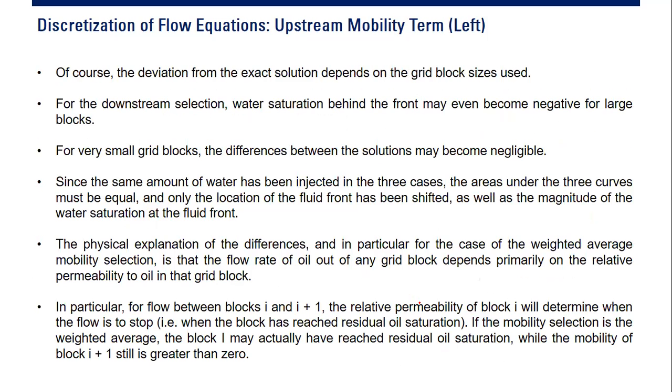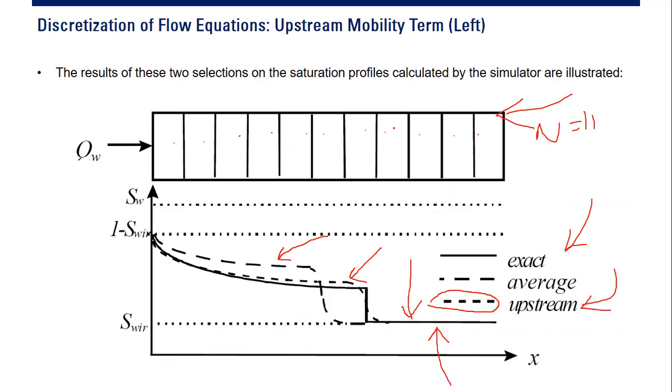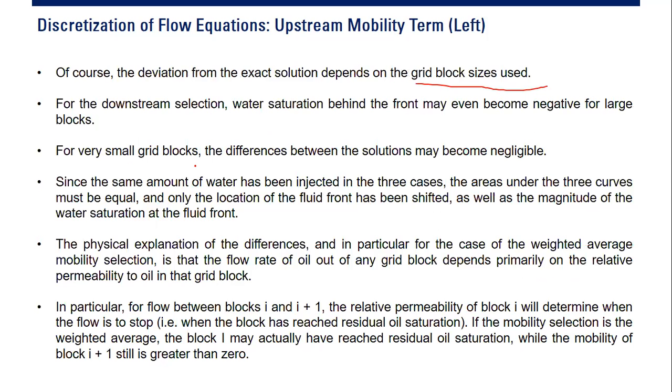So again, you can read it with me. Of course, the deviation from the exact solution depends on the grid block sizes that are used. If you increase the number of grid blocks, the numerical solution will be closer to the exact solution.